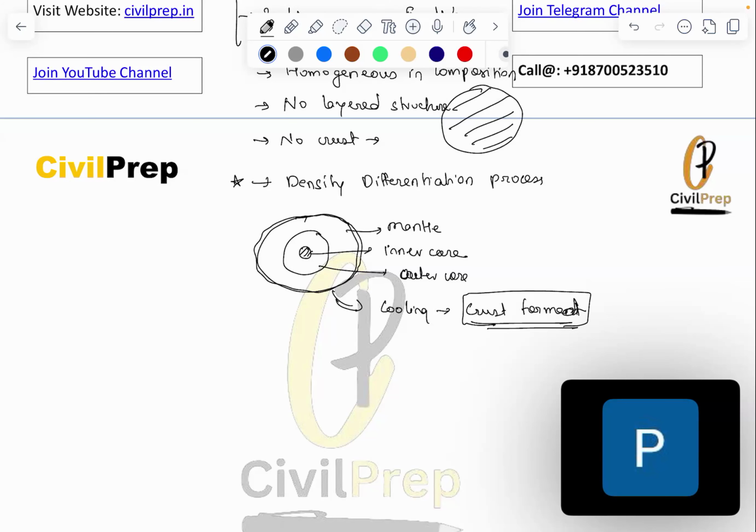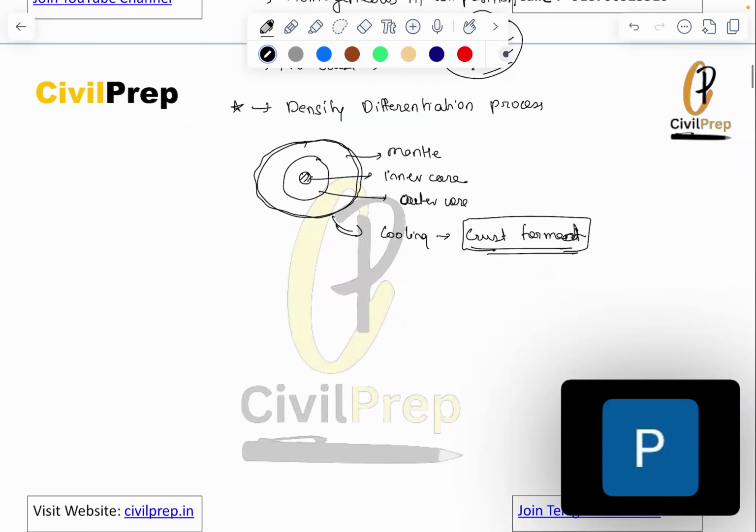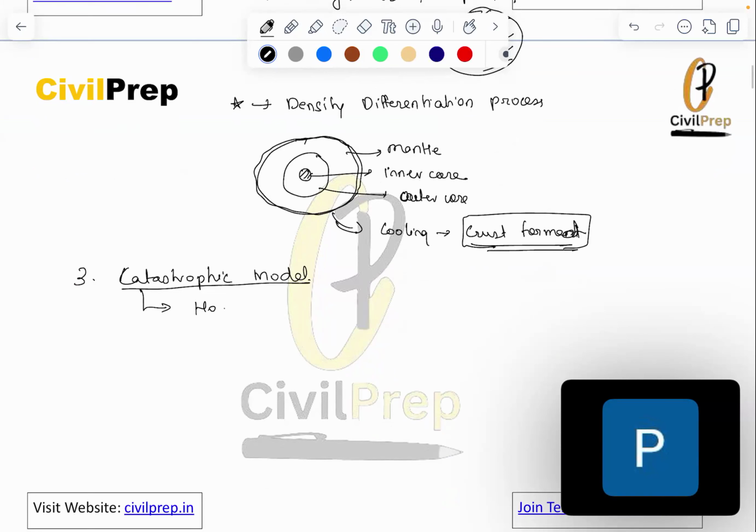Following this process, the third model was introduced, that is the catastrophic model. The catastrophic model followed the initial postulates of the homogeneous model.